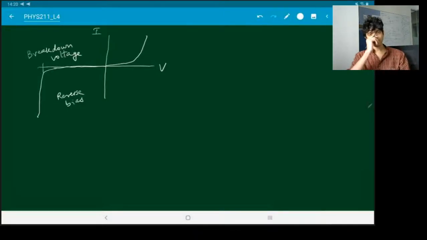Now one can construct a special kind of diode which is meant for using in this breakdown or avalanche region. If you take a normal diode and increase the reverse bias voltage too much, so if you start from here and keep going this way, you will eventually damage the diode.